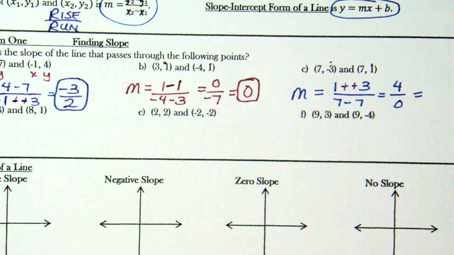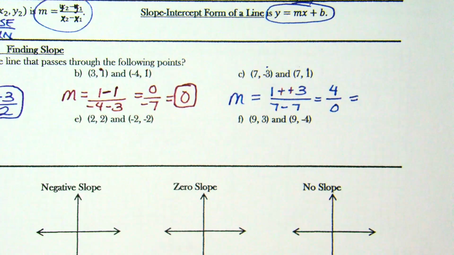I'm trying to think what all the different calculators do, but dividing by 0 is going to give you an error. What's that mean here? Do you remember the word for the slope? There's a word instead of a number here to describe this slope. There's a word beginning with U. Undefined.